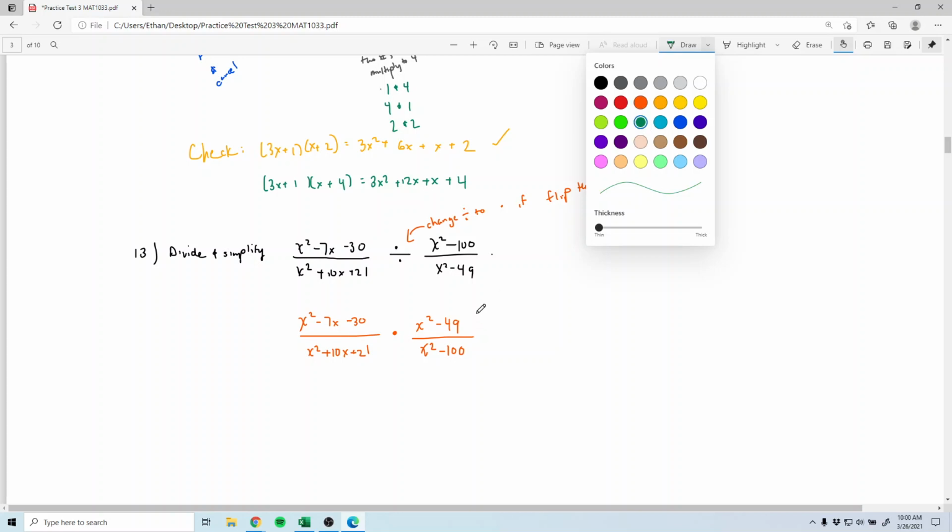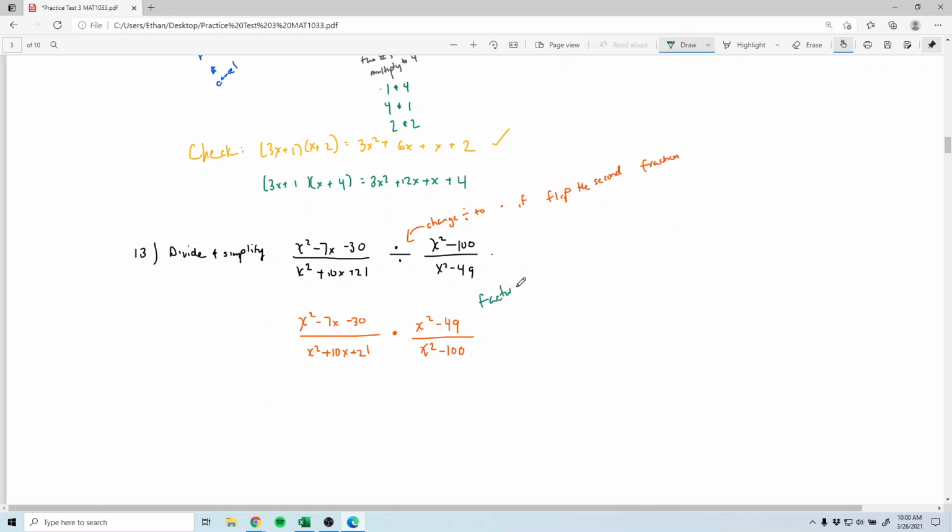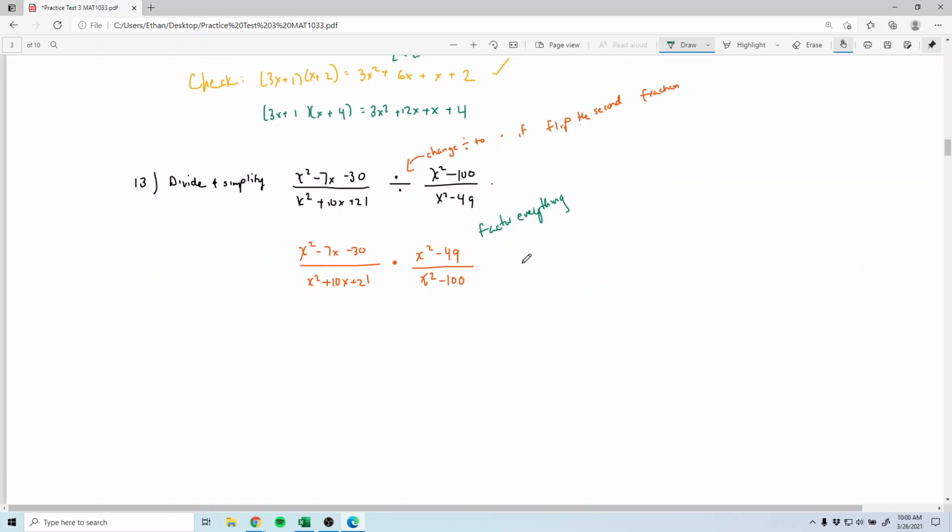Now at this point, factor everything. I'm going to factor the top on the first fraction, the bottom on the first fraction, the top and the bottom on the second fraction. Luckily, these are all just x squareds, which means we don't have to do guess and check.